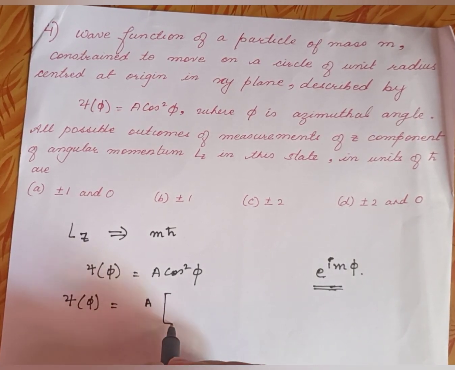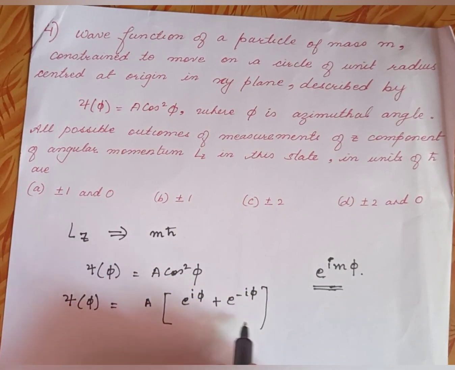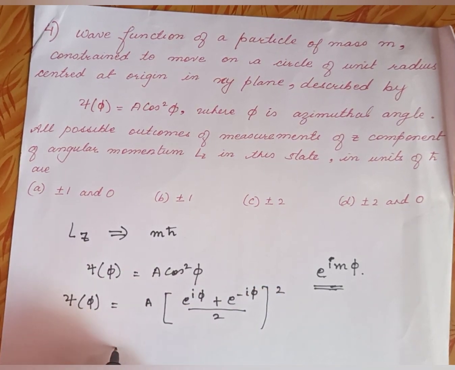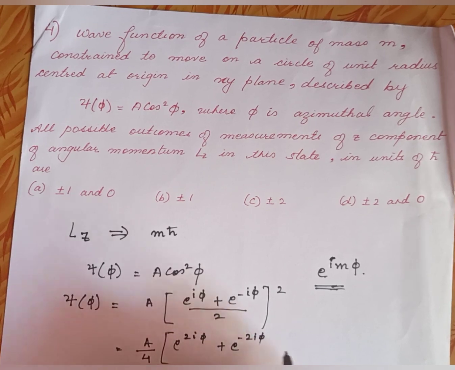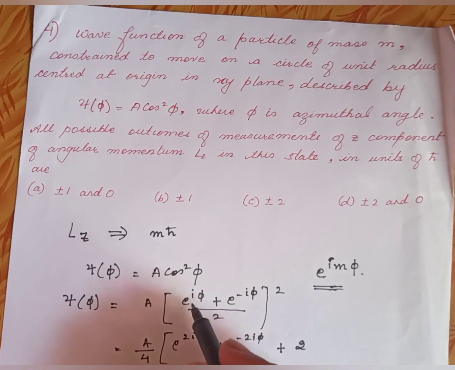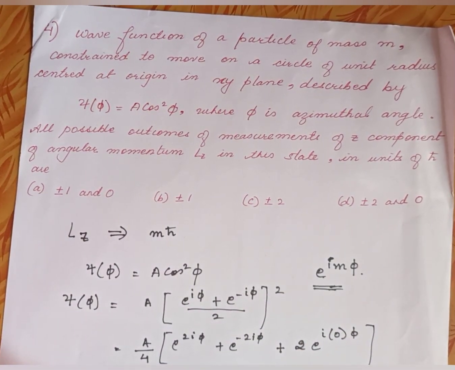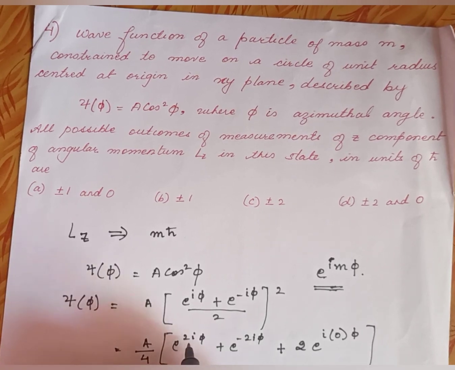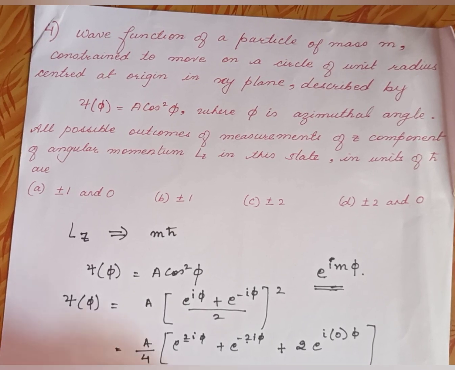I take a times e to the power i phi plus e to the power minus i phi by 2, whole square, which is given by a by 4 times e to the power twice i phi plus e to the power minus twice i phi plus 2. Because e to the i phi times e to the minus i phi is just 1, I will write it as e to the power i 0 phi, which anyway is 1. So the possible m values here are 2, minus 2 and then 0.